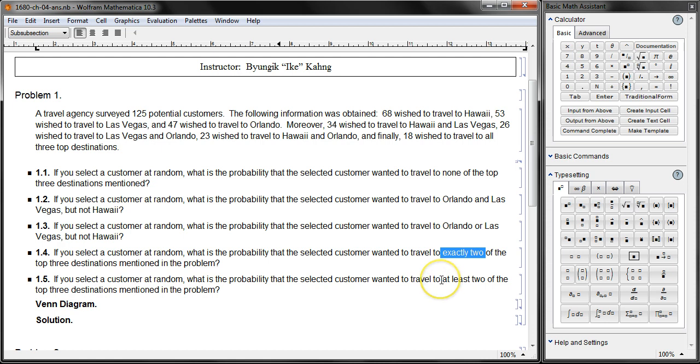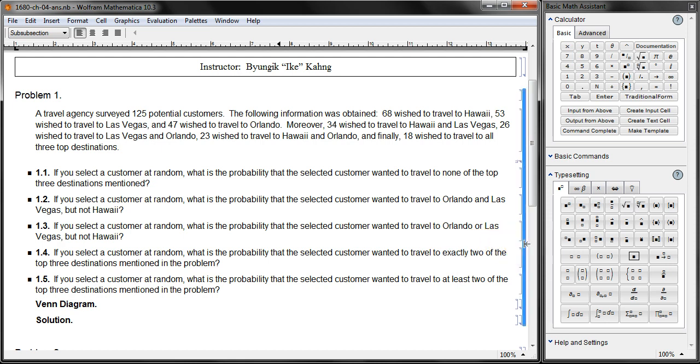It says at least 2, so that includes all three as well. So this is exactly 2. This is 2 or more. 2 or 3 for 1.5, exactly 2 for 1.4. So we have subtle difference between 1.4 and 1.5, and we saw a subtle difference between 1.2 and 1.3.